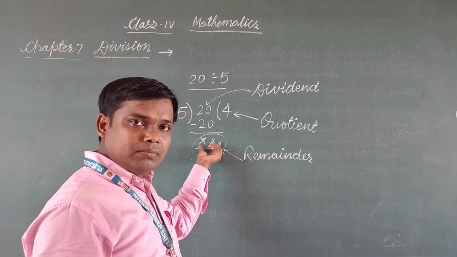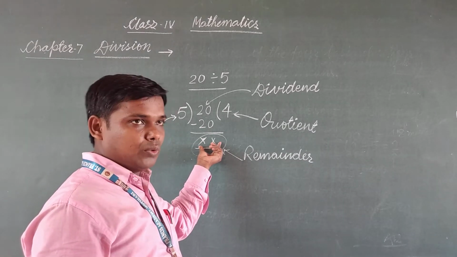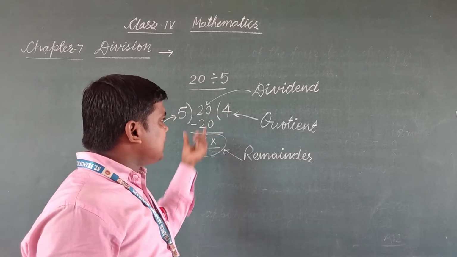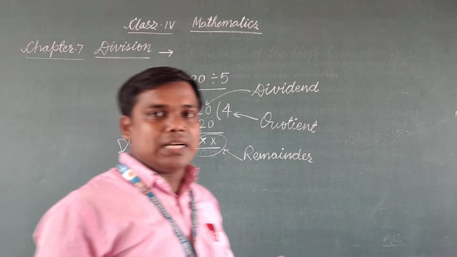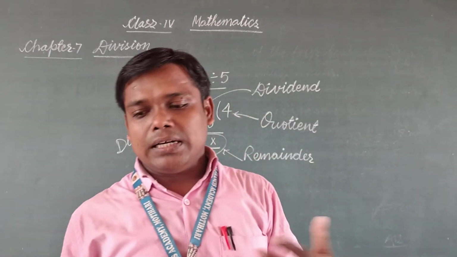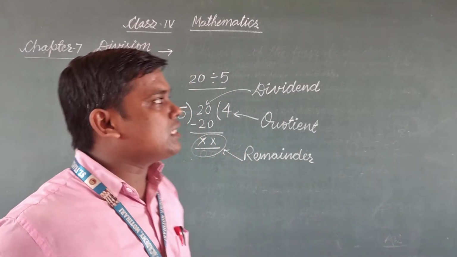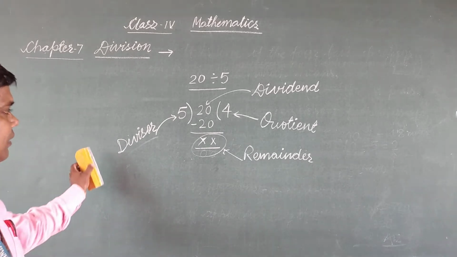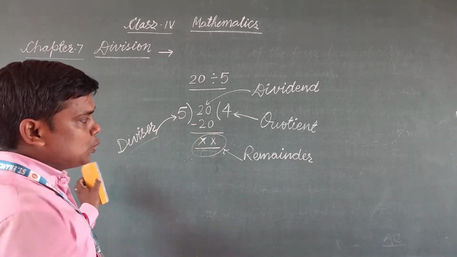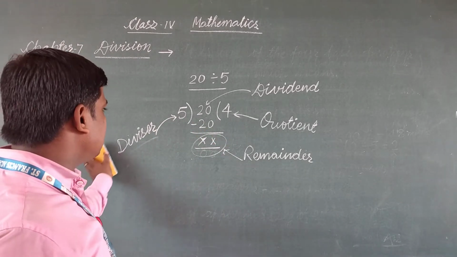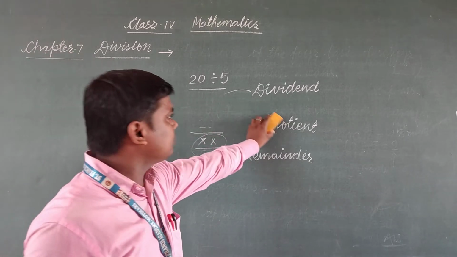The remainder becomes 0. So in this way you have to divide a number, as you have already done in your previous classes. Now we have to read some properties of division. I hope you understood these basic terms related to division.